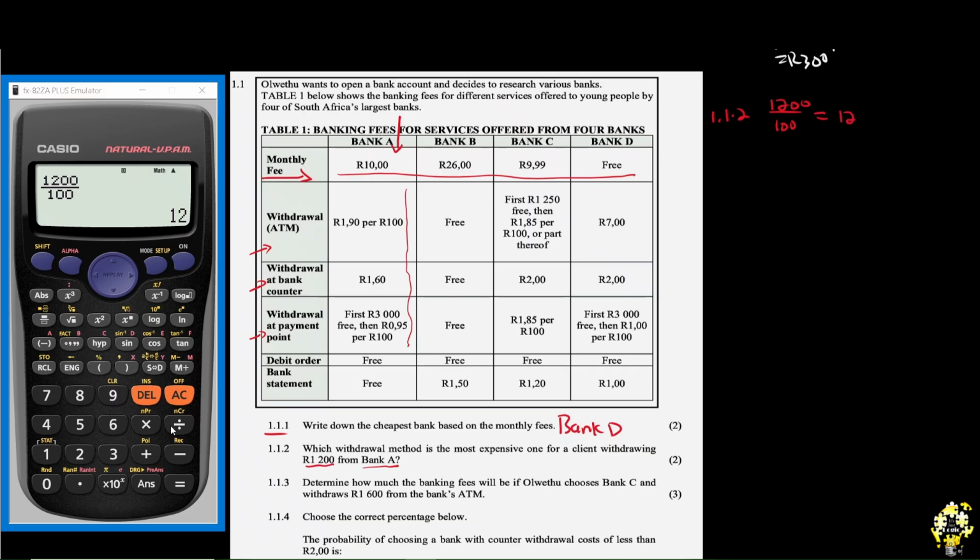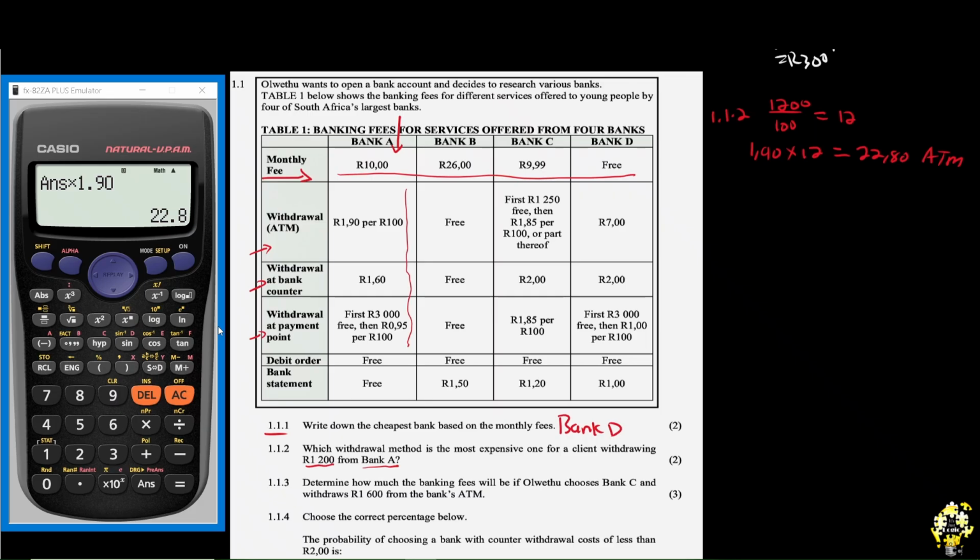So if we are doing withdrawals at an ATM, we are supposed to pay 1.90 rand multiplied by 12. So we can simply say 12 multiplied by 1.90 rand. Let's see. We are supposed to pay 22 rand 80 cents. Okay, this is for withdrawal at an ATM.